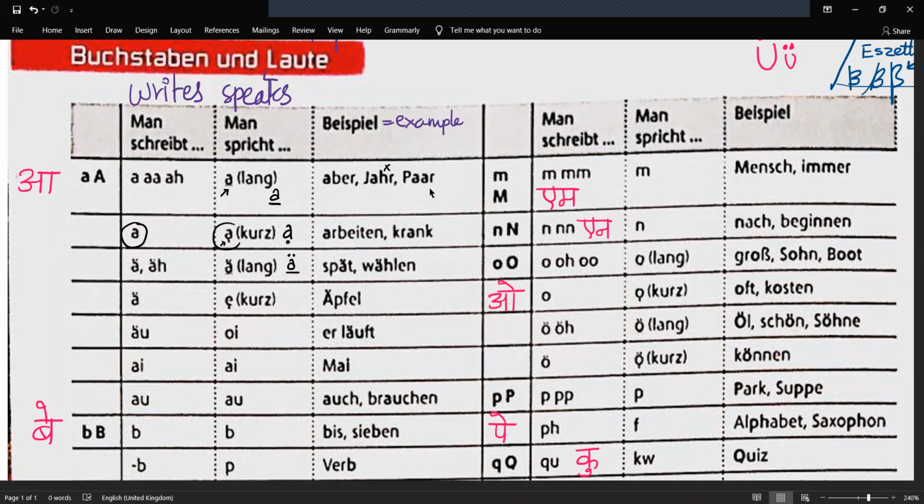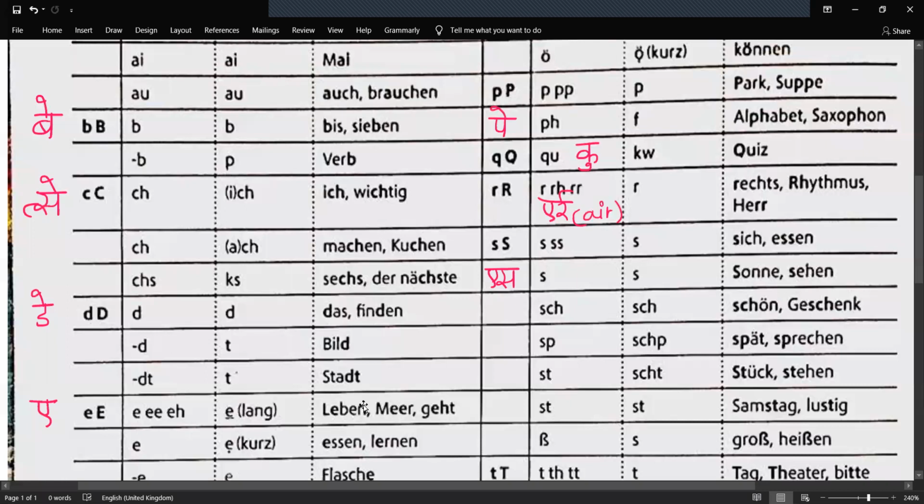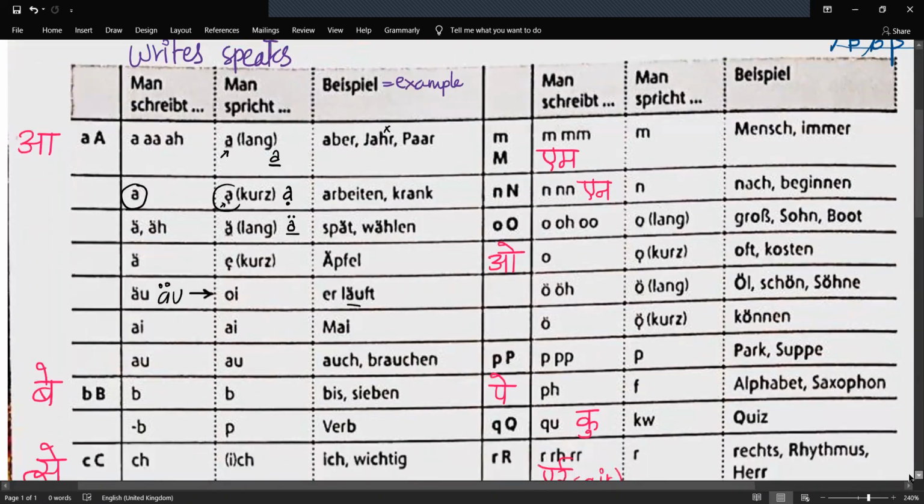Arbeiten, krank, spät, wählen, Äpfel, läuft. Now, Ä with u is pronounced as oi. Therefore, this is läuft. Then, ei, mein, au, auch, brauchen.